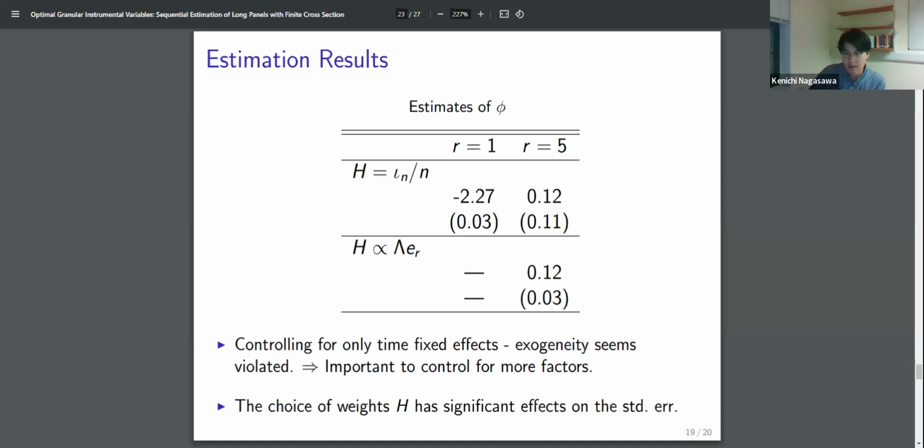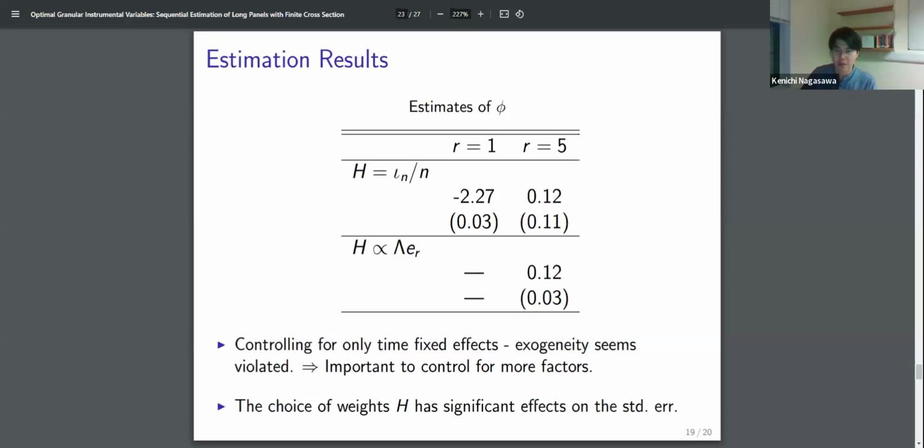We looked at the eigenvalues when we estimate the factor loadings, and by looking at neighboring eigenvalues, R equals 5 seems to be a reasonable choice. So we include the 5 factors, and that at least puts the point estimate in a reasonable range, but it's still quite a noisy estimate.